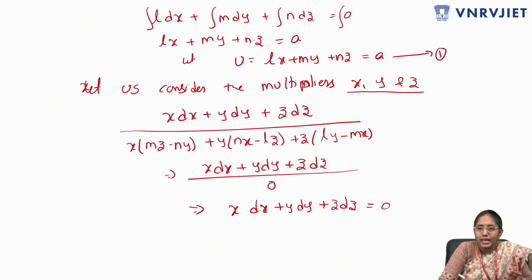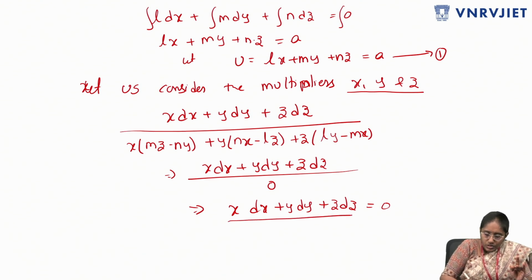The multipliers are x, y and z, and in this equation, x dx plus y dy plus z dz, each term we can integrate. Otherwise we can't evaluate the solution. So we choose the multipliers such that the denominator becomes 0 and the numerator can be integrated. We need to observe both points when we consider the multipliers.